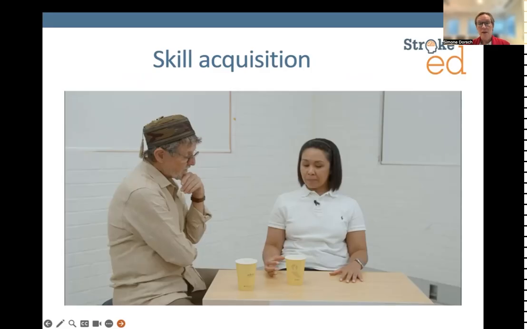We're now thinking about excessive muscle activity in the context of skill acquisition. Melanie's got sufficient strength in her upper limb to pick up the cup, but she hasn't got good coordination of the muscles needed, particularly for her pre-shaping and grasp of the cup, and then she uses excessive muscle activity around her shoulder.